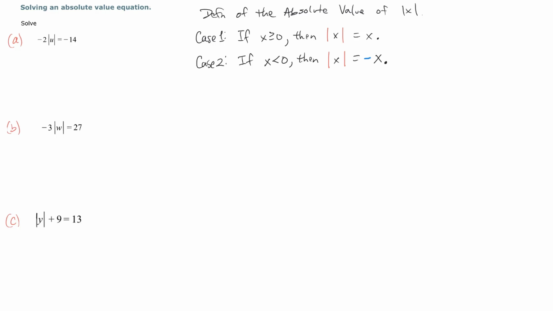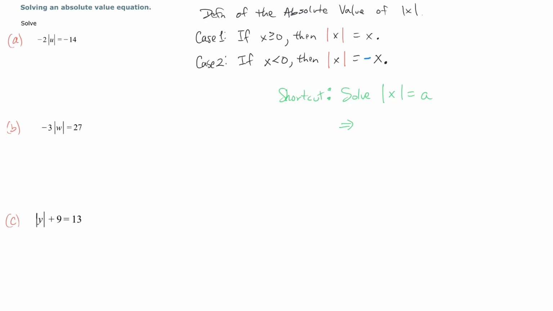All right. Taking this case, we could actually create a shortcut. And the shortcut is for solving an absolute value equation. Solve the absolute value of x is equal to some constant a.